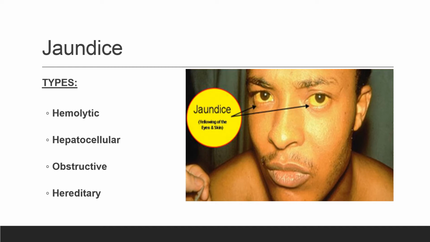And our next type of jaundice is hereditary. And this is when you have elevated bilirubin levels. The person is jaundiced, they look jaundiced, but the LFTs and the histology are within normal limits. And there's also no hemolysis. So you might see this in Gilbert syndrome or in the cholestatic jaundice of pregnancy, and that's due to elevated hormones.